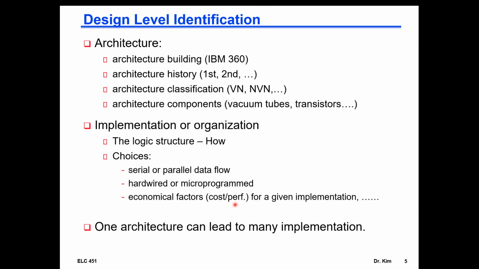Now the key here, if you take this as a summary of the distinction between architecture and organization, and what is in that middle, the instruction set architecture, is that one architecture can lead to any number of implementations.